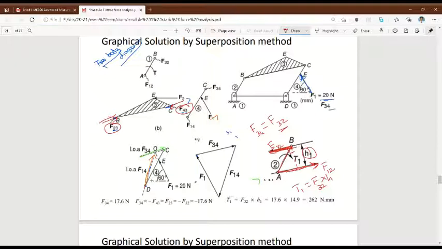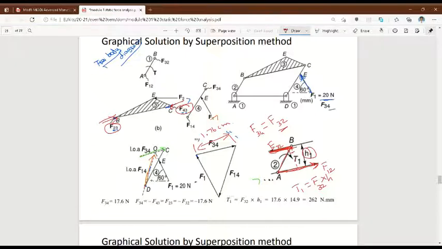Suppose you got this distance as 1.76 centimeter. What is the scale we had?